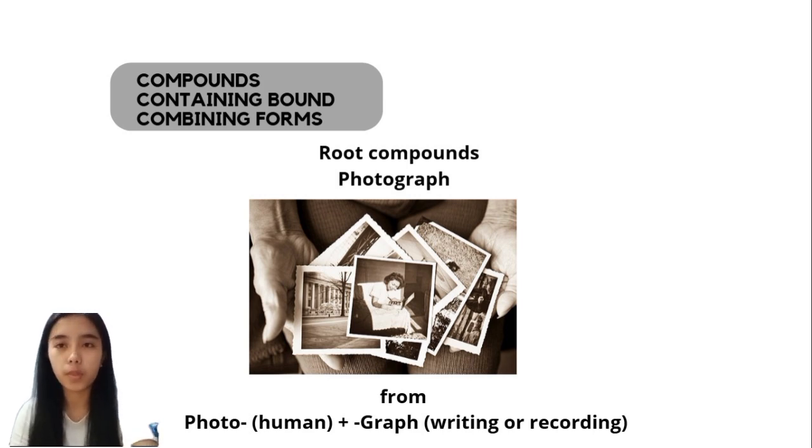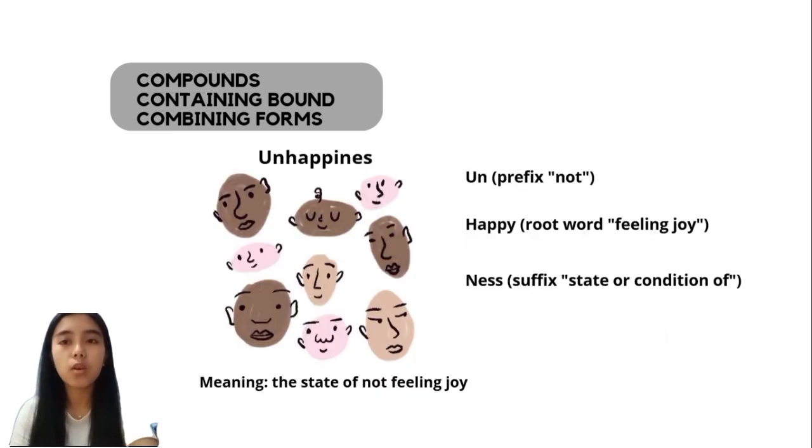1. Photograph. Photo is light and graph is writing or recording. 2. Thermometer. Thermo is heat and meter is measure. To find the meaning of the parts of a word, we need to look at its morphemes, which include roots, prefixes, and suffixes. Here are some examples. 1.